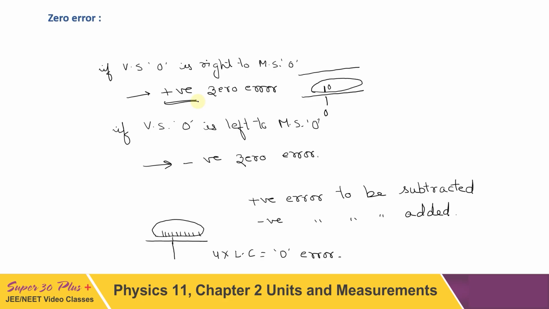If it is left to main scale 0, then it is called negative zero error. Now after checking this positive or negative error, we have to write the exact value of error. For this we have to check which division is exactly coinciding with any division on the main scale. Here in the example I have taken that the 4th division is exactly coinciding. So 4 into least count would be the value of zero error. Understood completely? Let us proceed now.